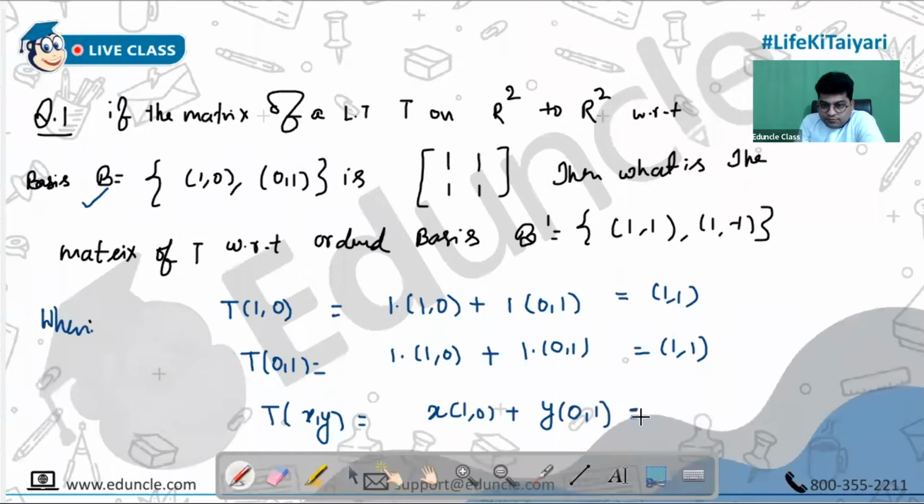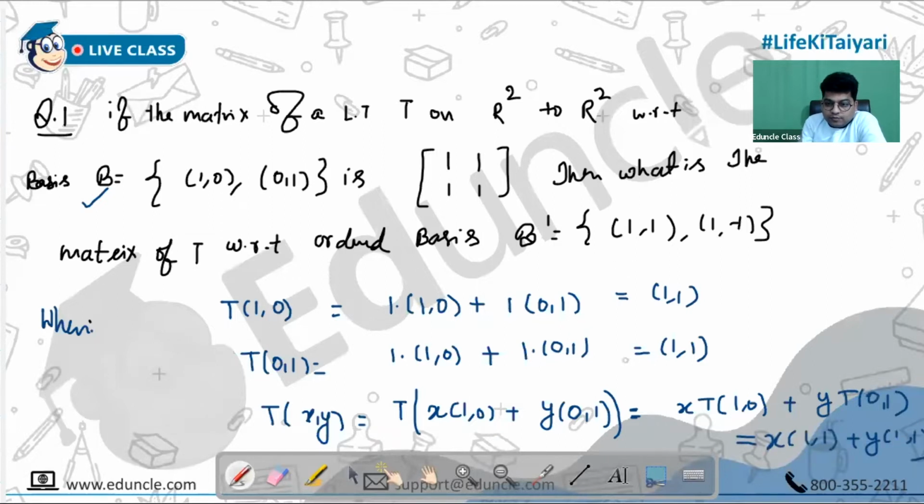So T(x, y) can be written as x of T(1, 0) plus y of T(0, 1). That is x of (1, 1) plus y of (1, 1). So you have found the linear transformation: (x plus y, x plus y).